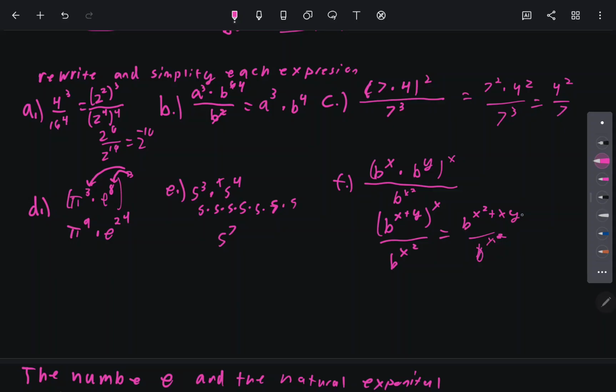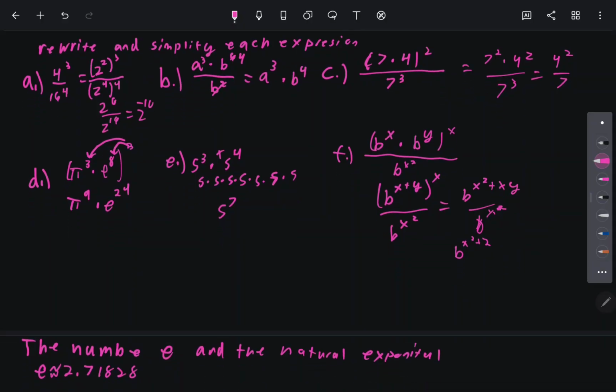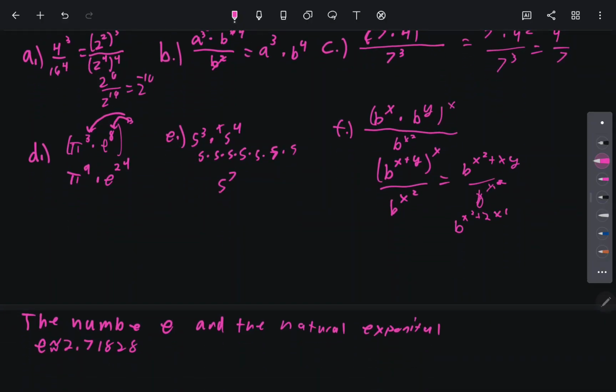So what this will do is I can subtract this, so we get bx squared plus 2xy minus x squared. So we really just get b to the xy. There we go.